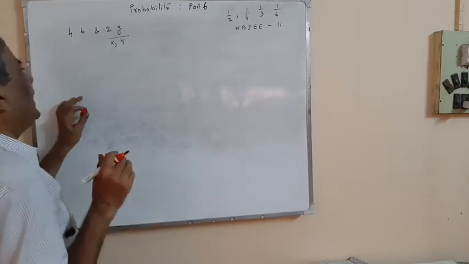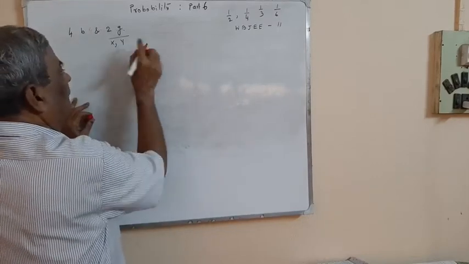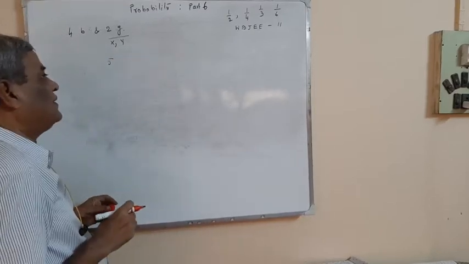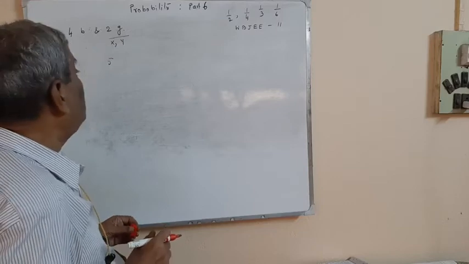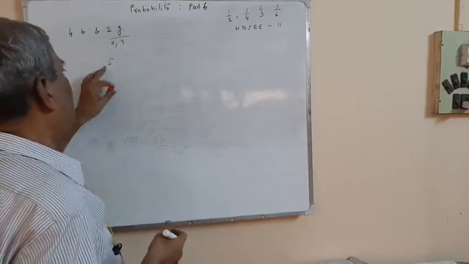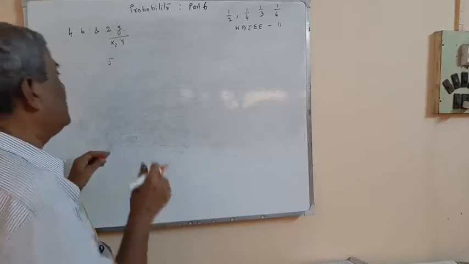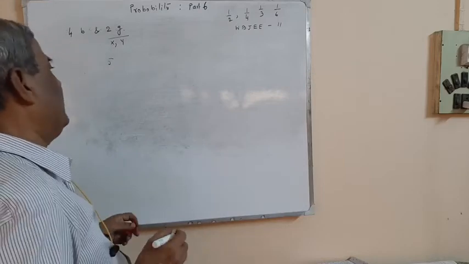Then the total number of candidates is 4 plus 1, altogether 5. And our probable case is that they will sit in such a way that X and Y will not be separated.